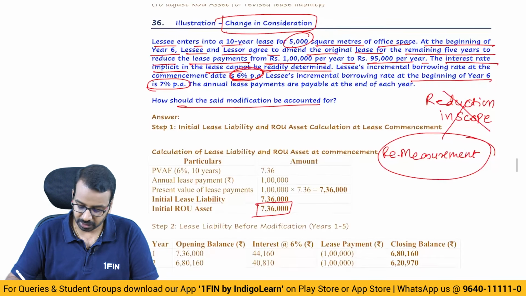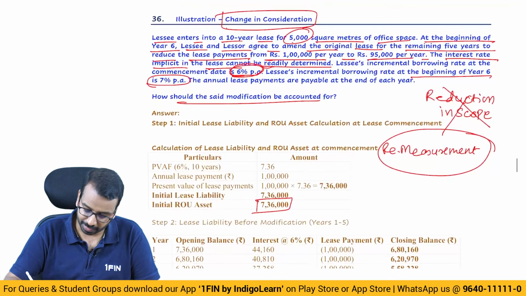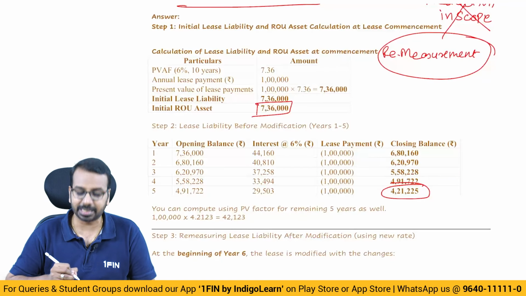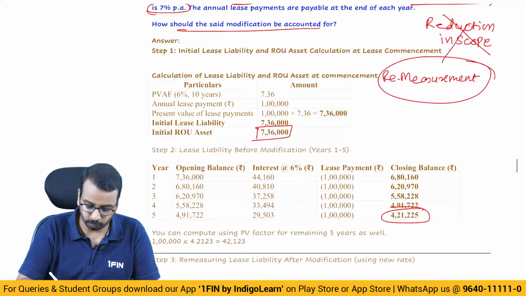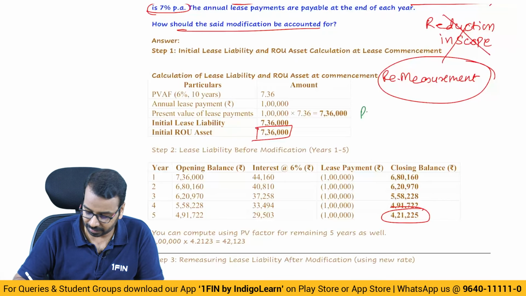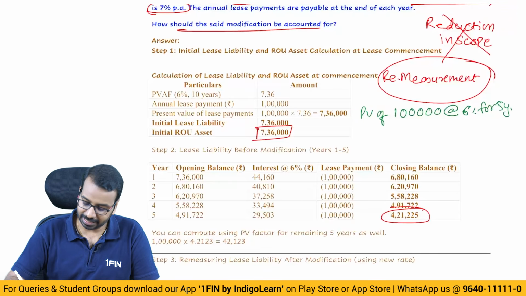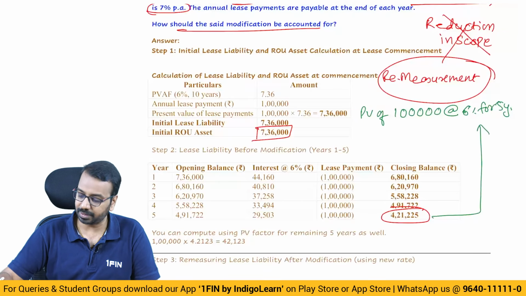Then what is the closing balance at the end of year 5? You can compute the closing balance using this table like we have done, or we can calculate the present value of 1 lakh discounted at 6% for 5 years. That gives us nearly 421,225.